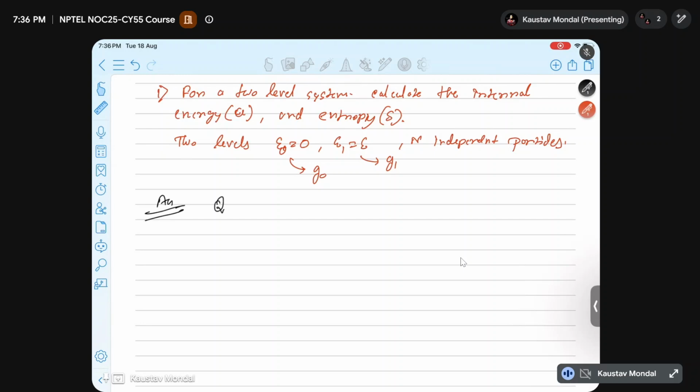So total partition function Q is summation over Gj into e to the power minus beta Ej, right?